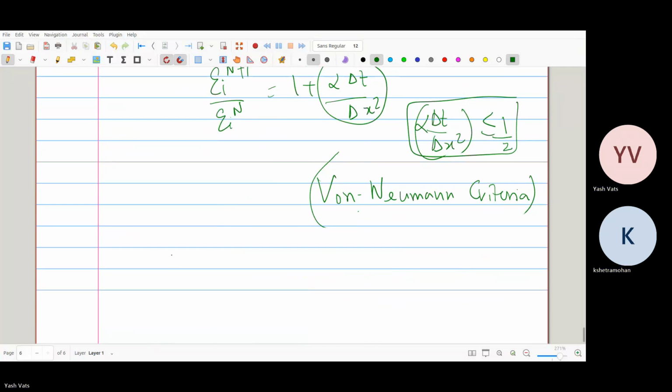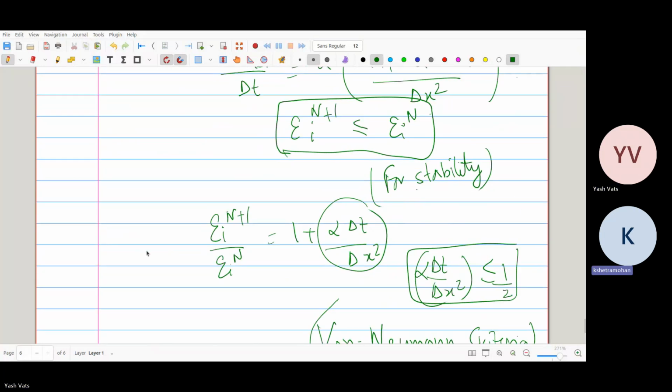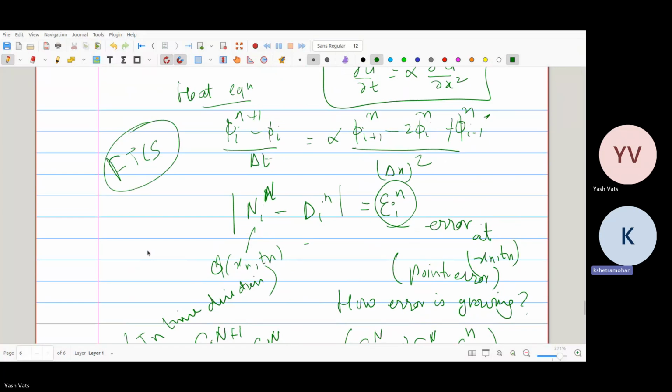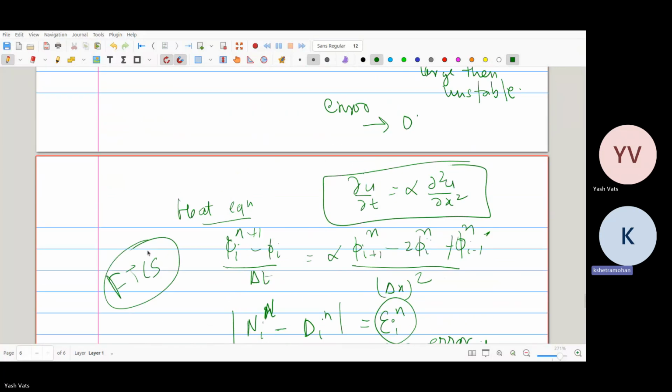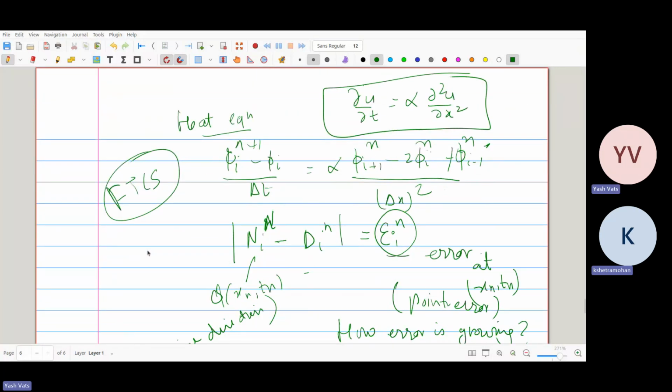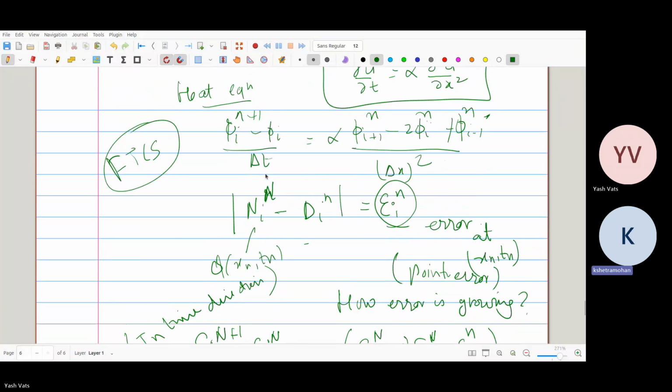Excuse me. Actually, I just missed the point. The small n and capital N. Earlier, we were using capital N, and then we changed to small n for marching up in time. Miss, when you are writing the heat equation, from the next line onwards, I am not able to follow. What is the difference between this small n and this capital N?